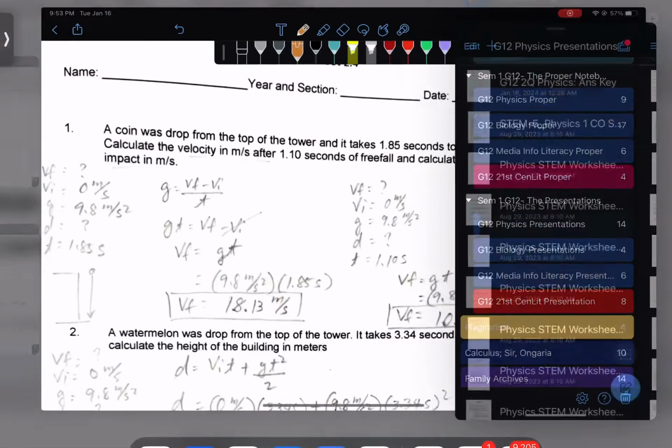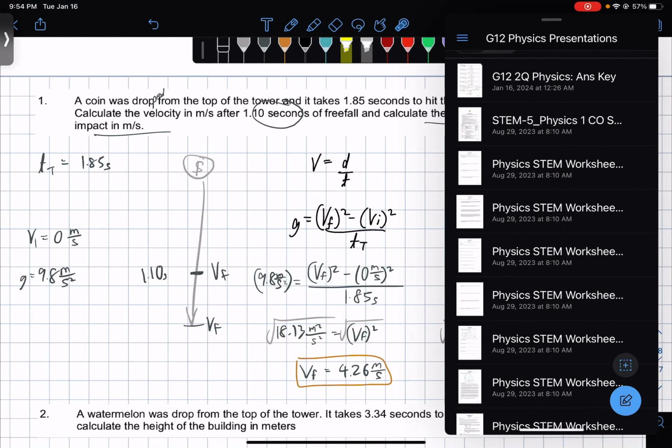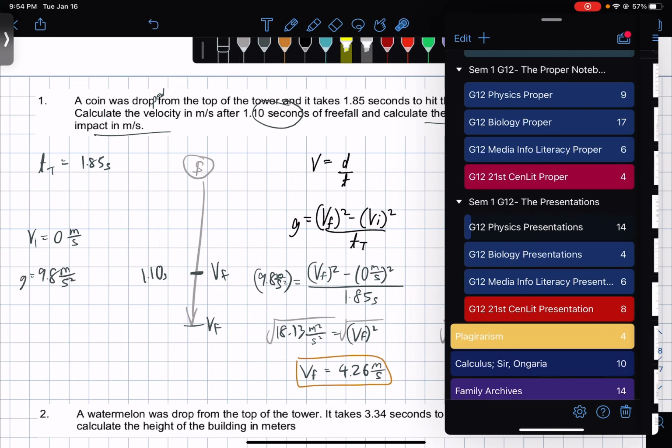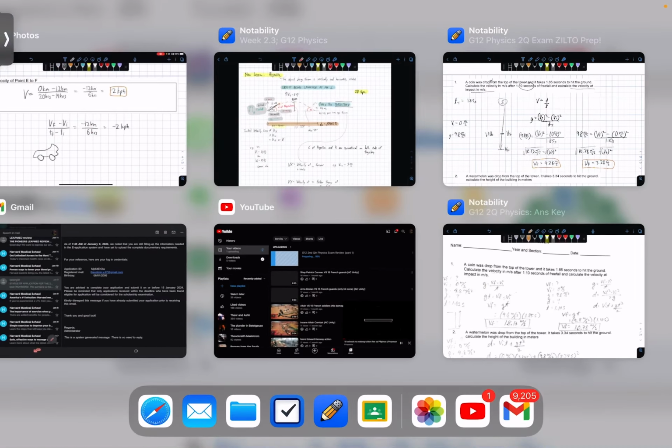There's something wrong with the formulas. I think that's what's up. You know what? This is getting so annoying.